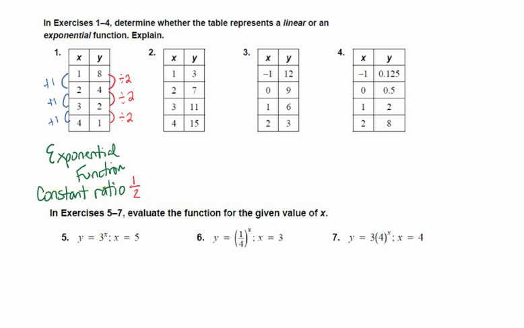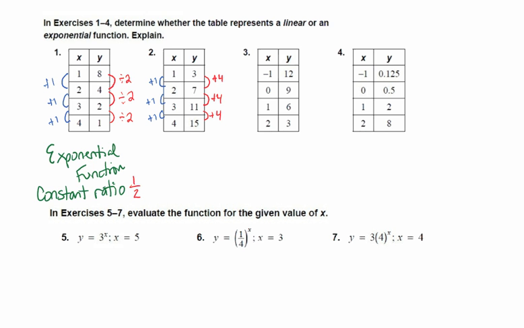Let's take a look at our next example. Here, we can go from 1 to 2 by adding 1, from 2 to 3 by adding 1, and 3 to 4 by adding 1. To get from 3 to 7, we can add 4. To get from 7 to 11, we also add 4, and from 11 to 15, we add 4.